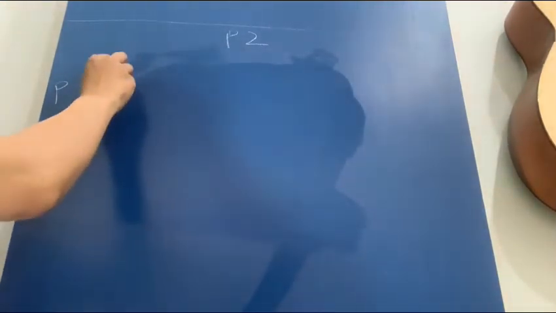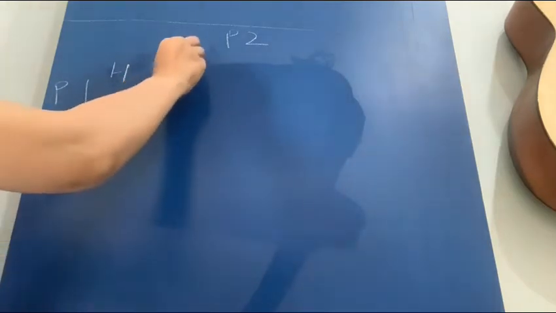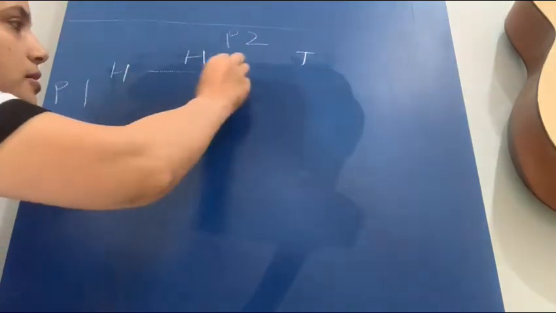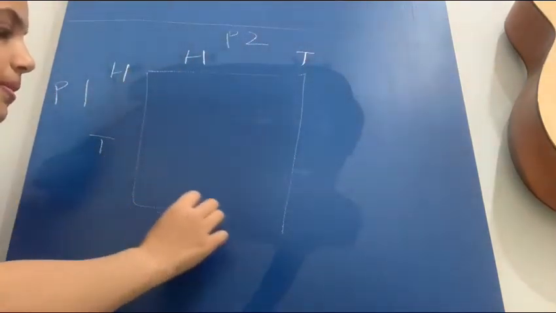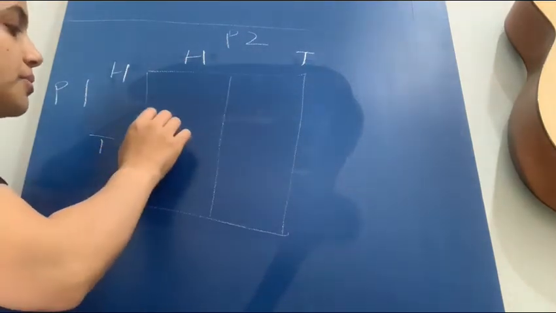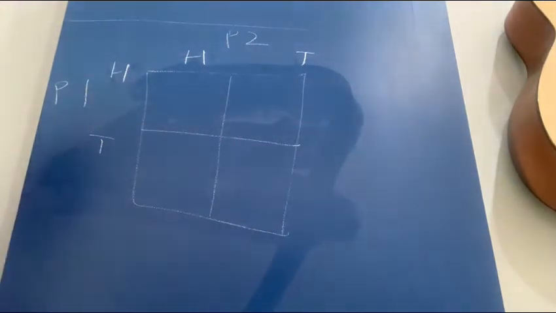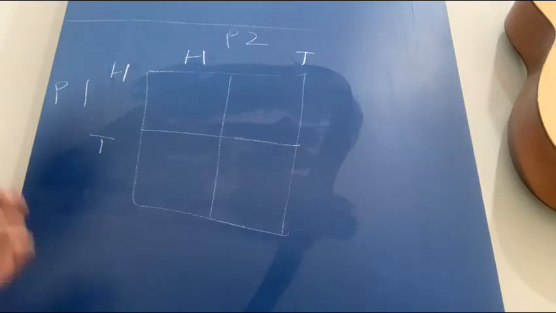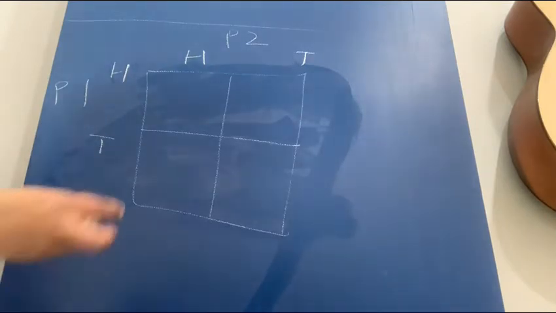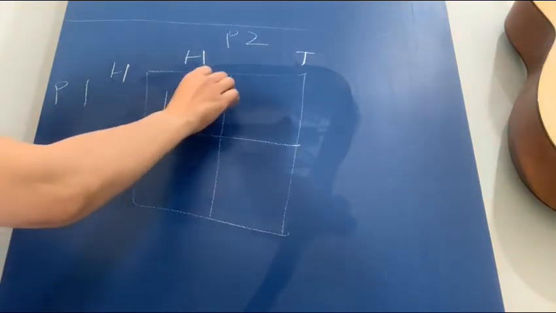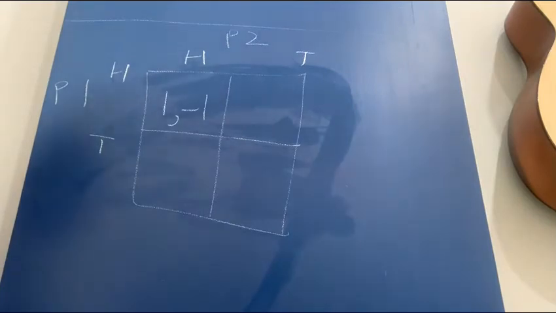So either it can be heads or tails. If the same side is showing, that means if heads show on both the coins, player 1 will get ₹1, player 2 will pay ₹1, so his payoff is -1.